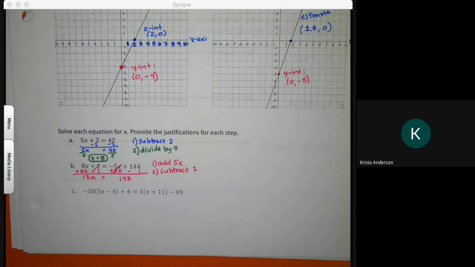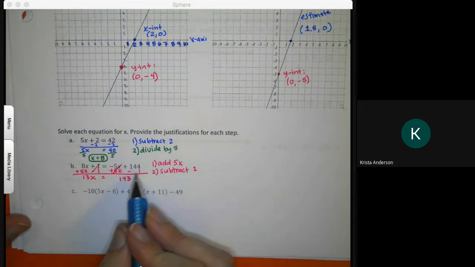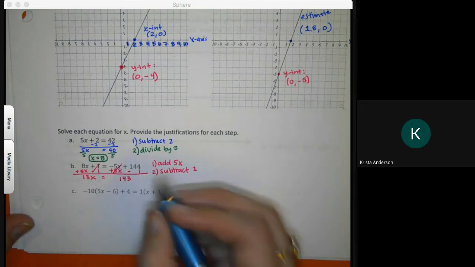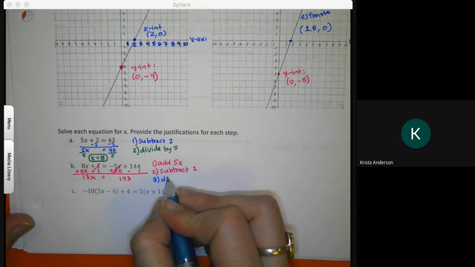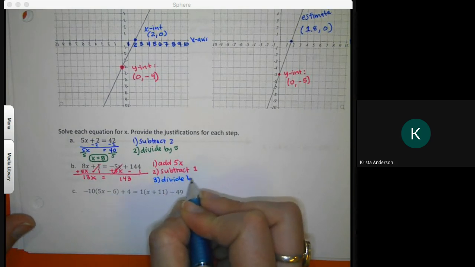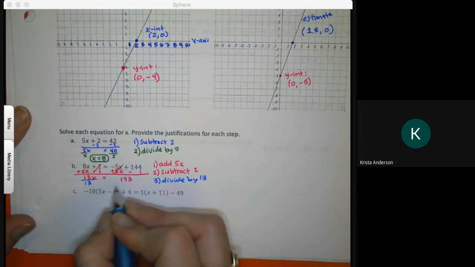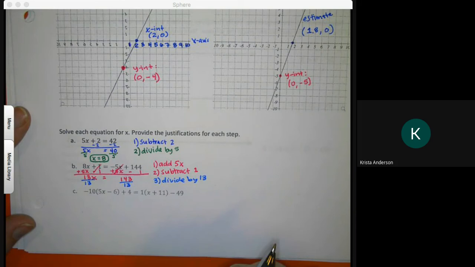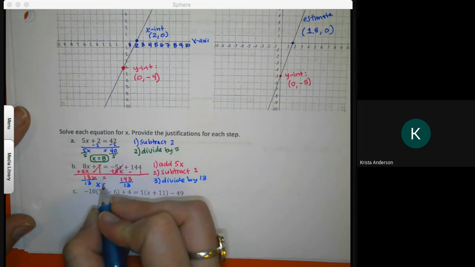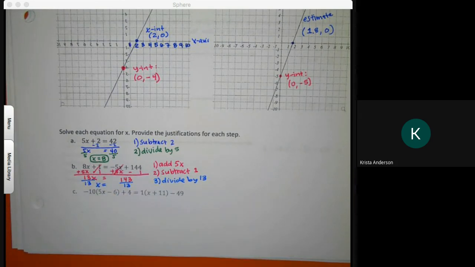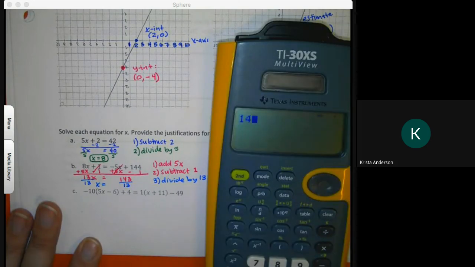Then after I do those 2 steps in a line, I can now divide by 13. I think it's 11. I'll check. 143 divided by 13 is 11. Yep.